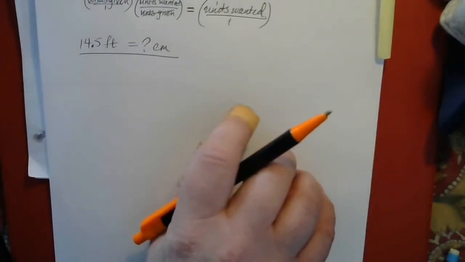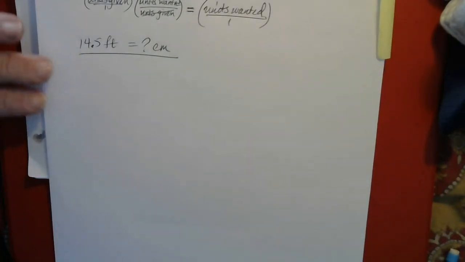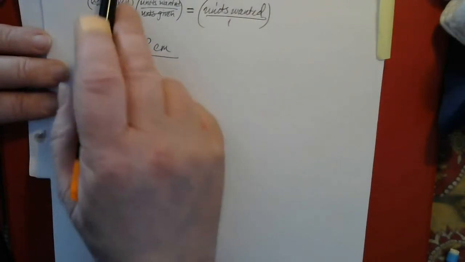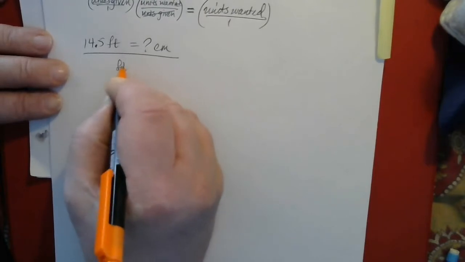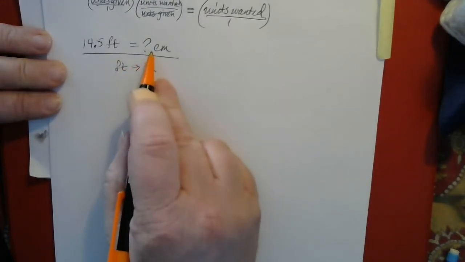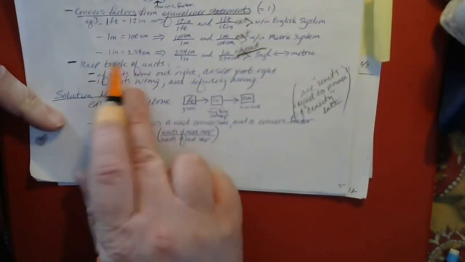But suppose you forgot about that, or you're just using conversion factors that you can think of off the top of your head. Well, we can go from feet to inches, which we just did up here. And then we can go from inches to centimeters, because as I just showed here, 1 inch is equal to 2.54 centimeters. So we know that one.